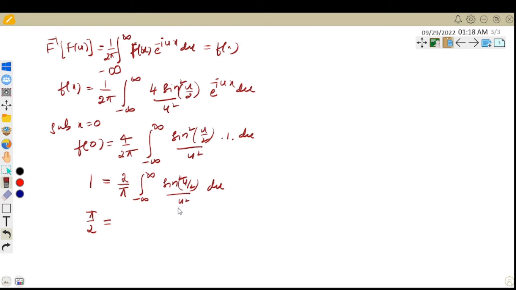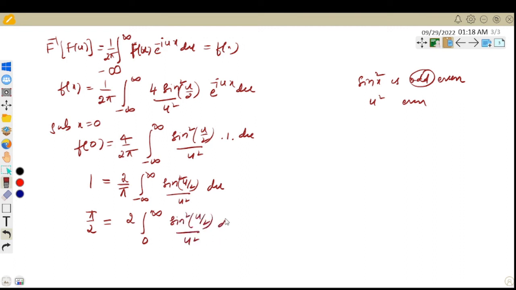I told you already that sin x is odd, but sin square x is even, and the denominator u square is also an even function. So in such cases, you people are already aware that we can write it as the integral from 0 to infinity, half of this, sin square u by 2 divided by u square into du.